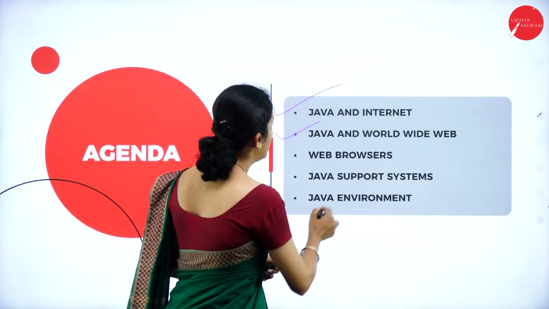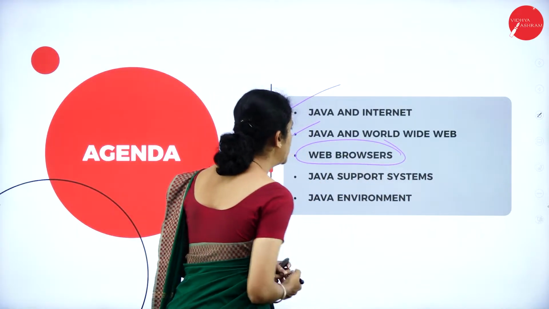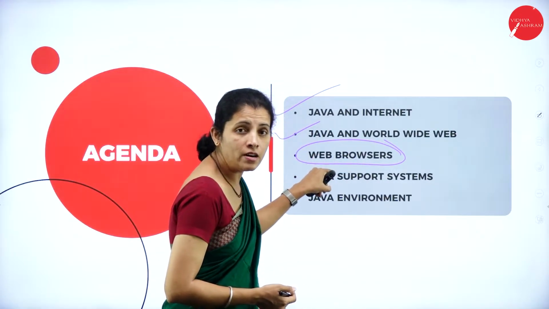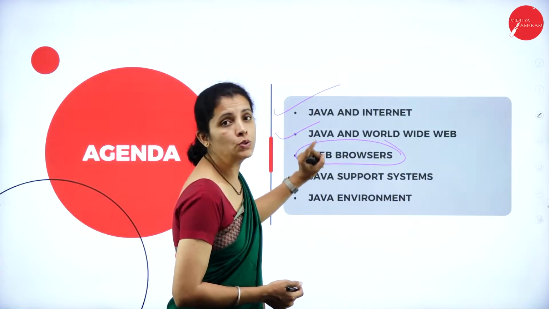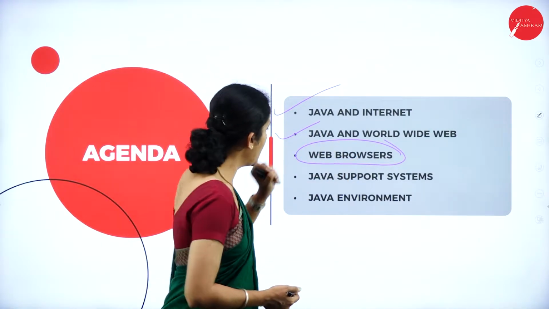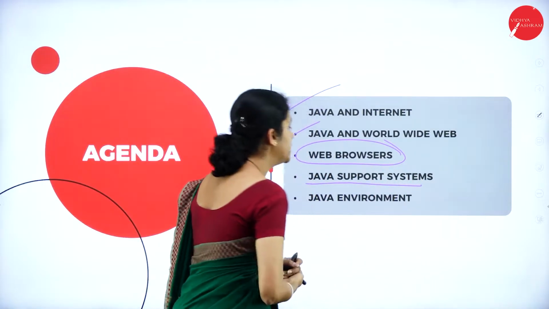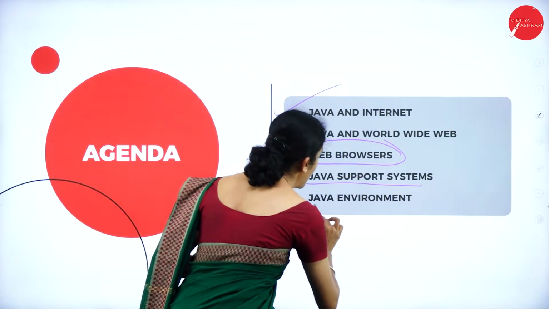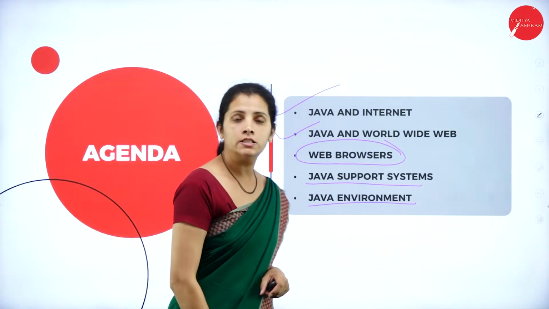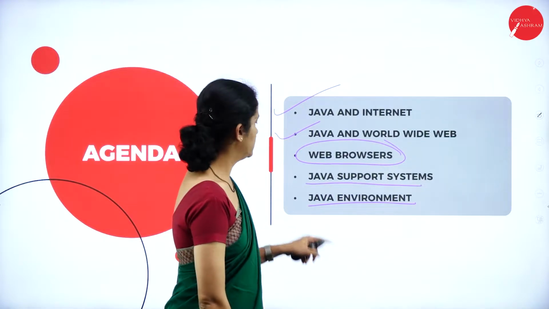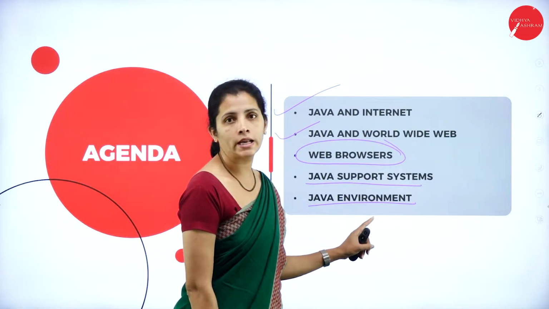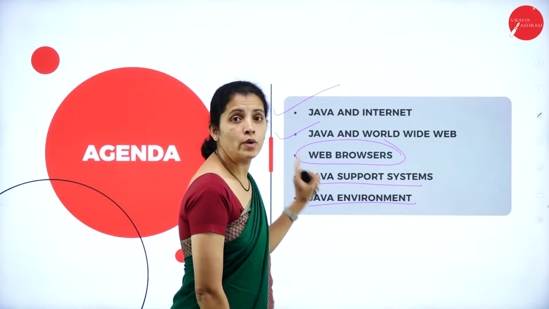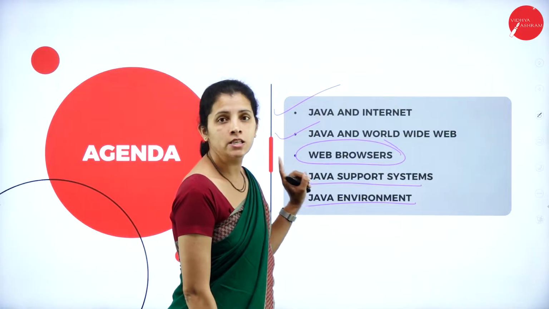Along with that, we are going to deal with what is a web browser, which is the first web browser used to run Java program. Along with that, Java support system. Along with that, Java environment, that is nothing but Java working environment. So these are the 5 topics we are going to deal with in my today's session.